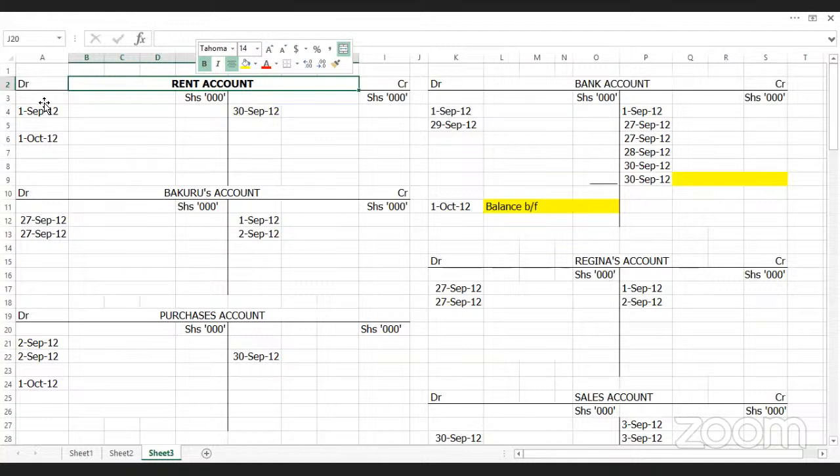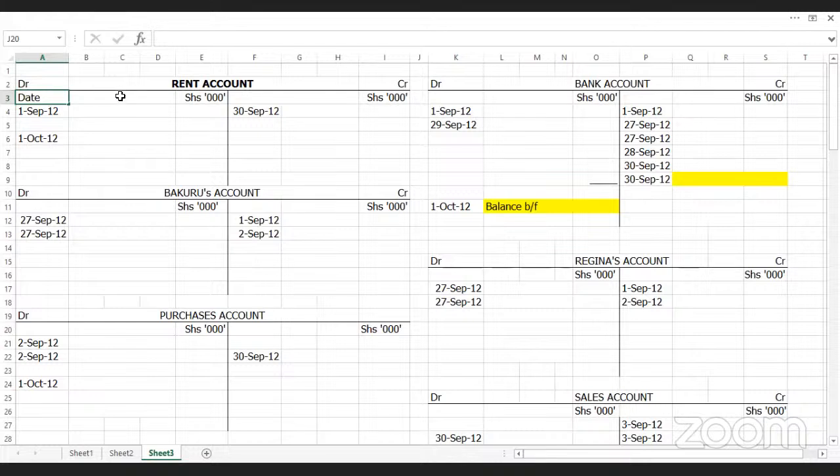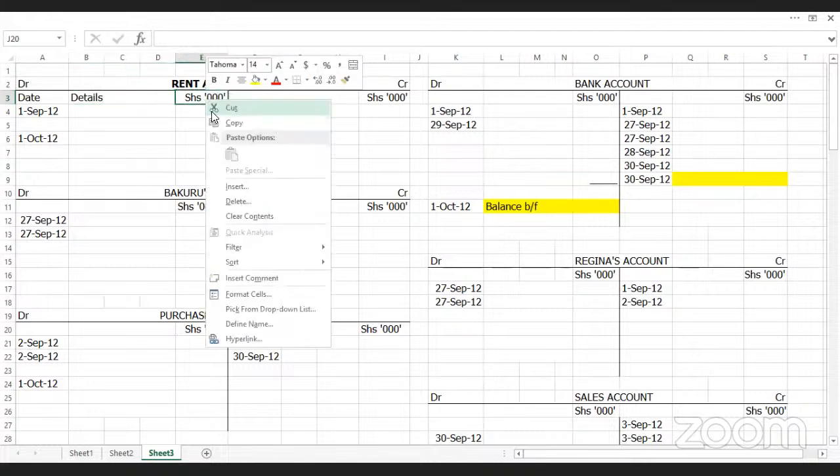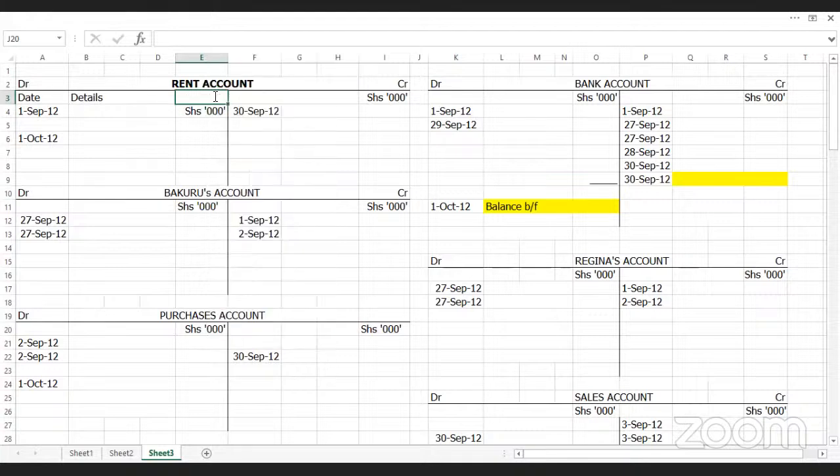In the account, you have to show the date, please. You have to show the details of the transactions. Then you also have to show the amount. There has to be a column for amounts, as you can see on the screen.